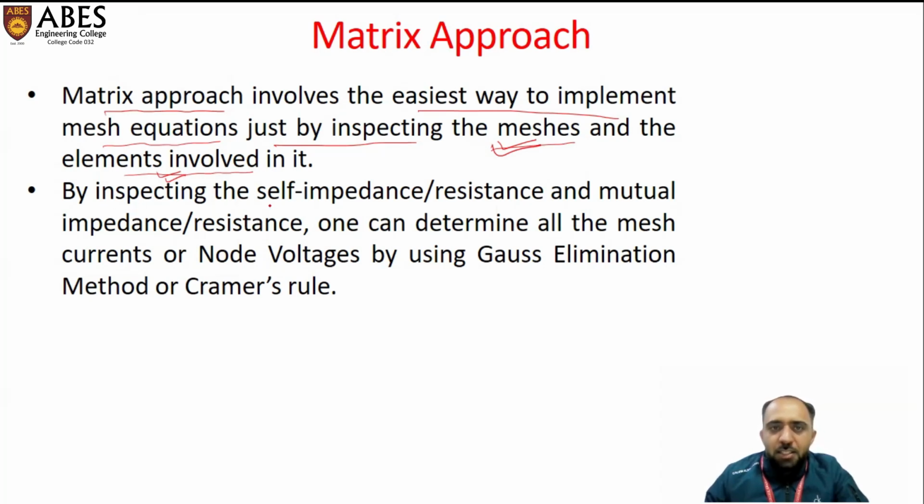By inspecting, you need to find the self-impedance or resistance and the mutual impedance or resistance. One can determine all the mesh currents or node voltages by using the Gauss elimination method or Cramer's rule to solve the equations. So this approach is basically used for complex circuits having many meshes.